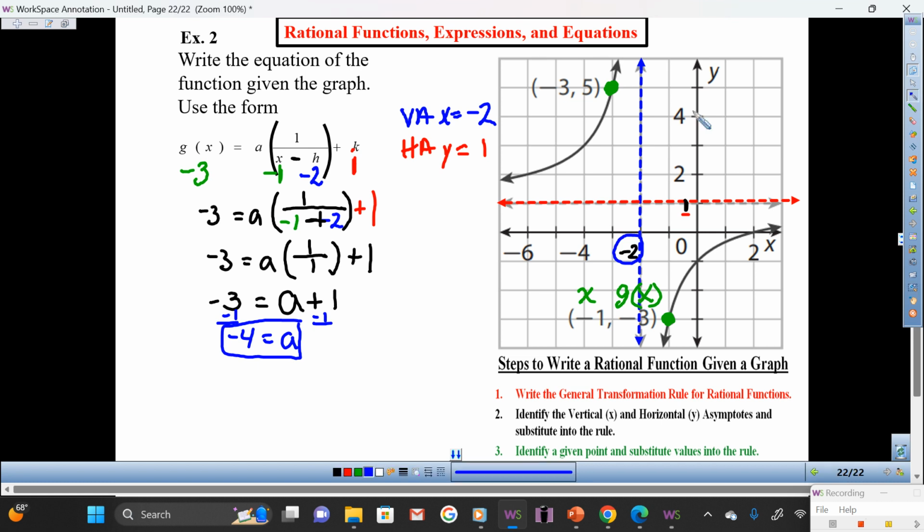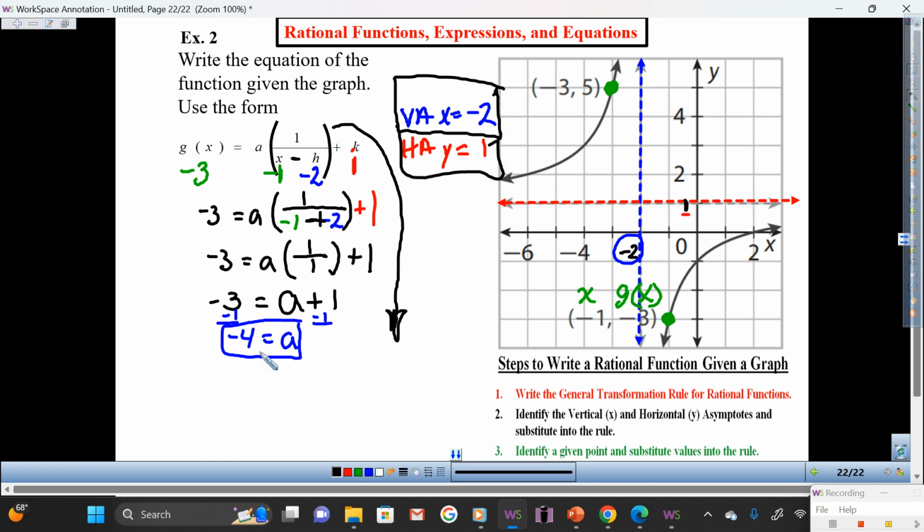Here we go. So, I'm going to take this form that they gave me and just follow it using the values that we have. What values do we have? We have the VA, the HA, and our A. So, I write G of X equals, done. What goes next?